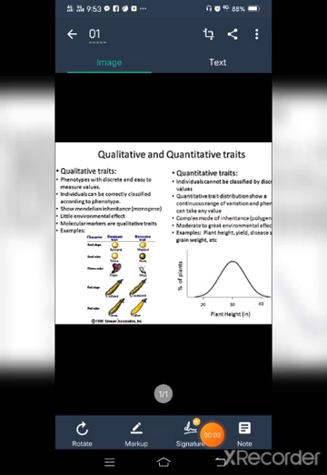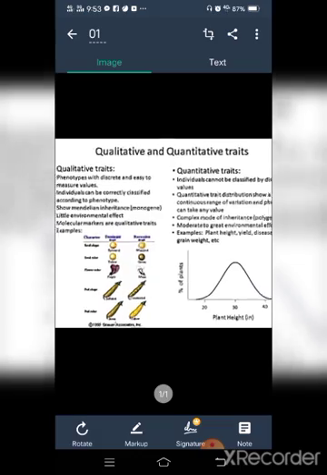Here are the differences between qualitative and quantitative traits. Qualitative traits have phenotypes with discrete and easy to measure values. Individuals can be correctly classified according to the phenotypes. They show Mendelian inheritance, are monogenic, have little environmental effect, and molecular markers are qualitative traits.